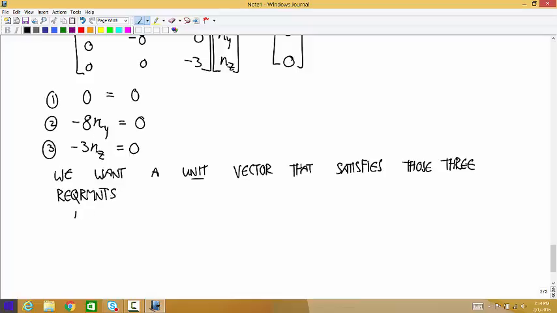Well, we know that ny has to equal nz has to equal 0. So there are only 2 possibilities for a unit vector that meets these criteria: positive 1, 0, 0, and negative 1, 0, 0. And we can choose either one we want.